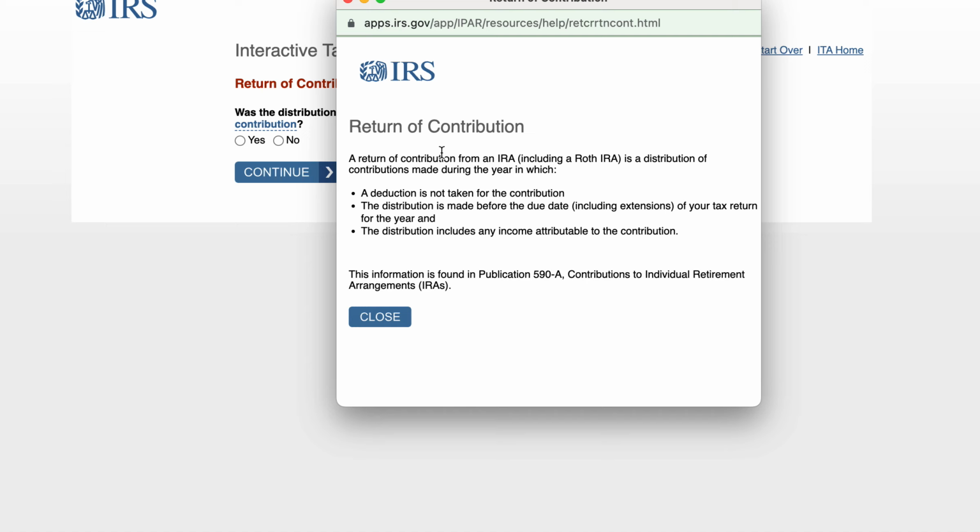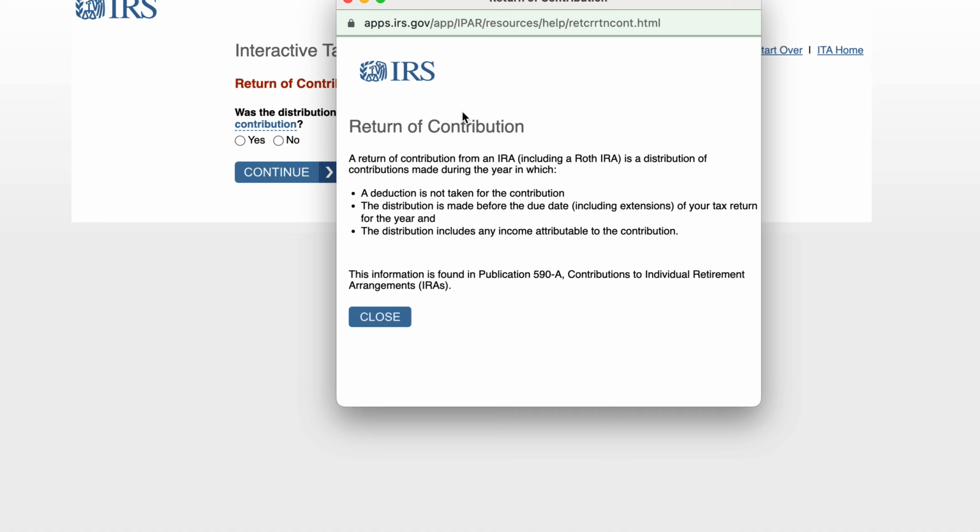You can do this as long as you also include, when you make the distribution, any income that was attributable to the contribution. So let's just say that you put in $10,000 at the beginning of a tax year, on January 1st, and then on June 30th, you decide that you're going to take that out for some reason.